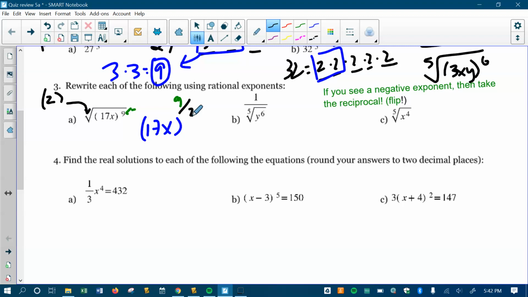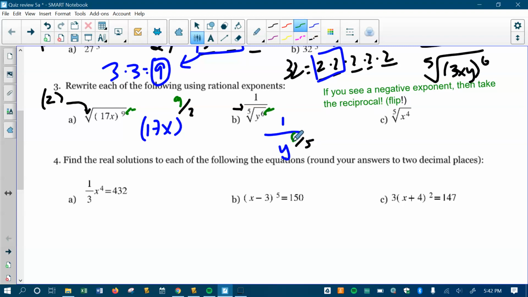I could answer this two ways for b. The first way that I could answer it is 1 over y to the, and actually let me do some colors here since I said I would do that. I have 1 over y. Now I have this black 5, so that's the denominator, and I have this green 6, which is the numerator.